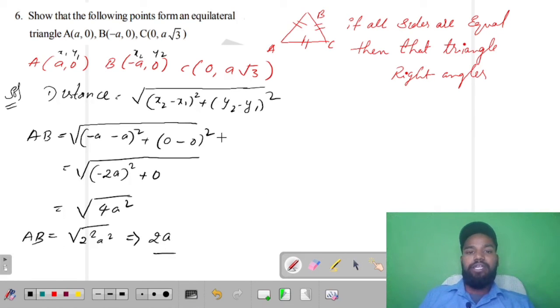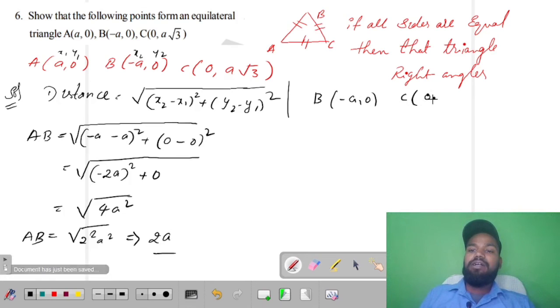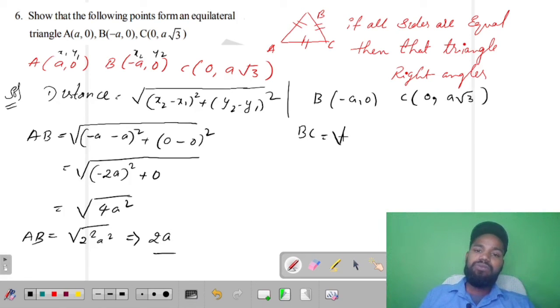Okay, so next we are going to find BC. What is the B value? Minus a comma 0. And what is the C value? 0 comma a root 3. So BC equals under root x2 minus x1. This is x1, this is y1, this is x2, this is y2.